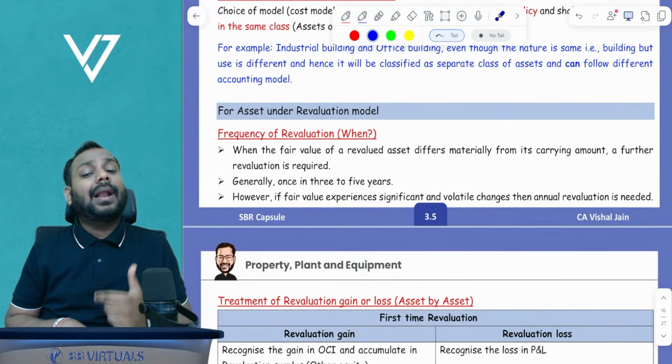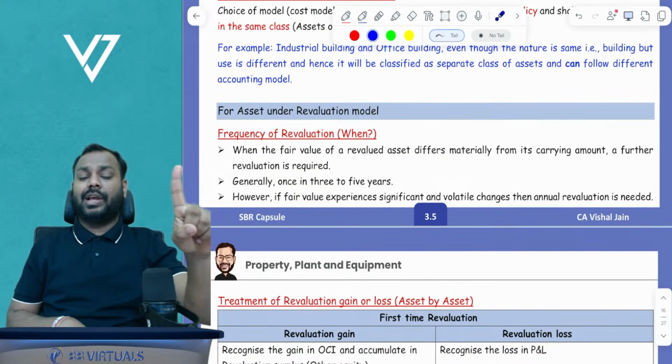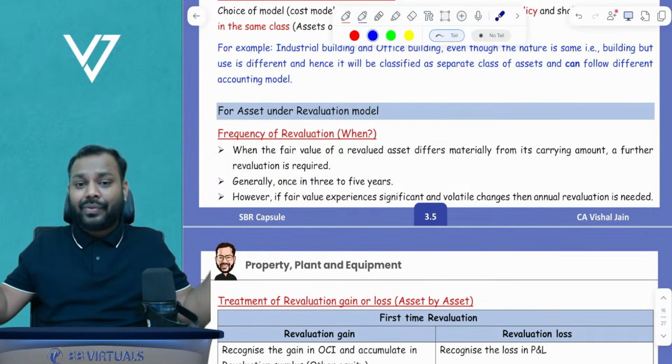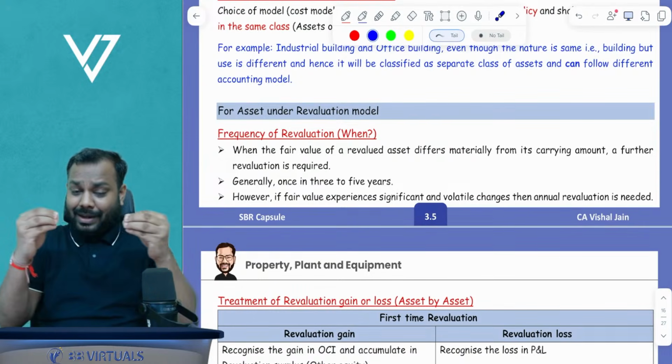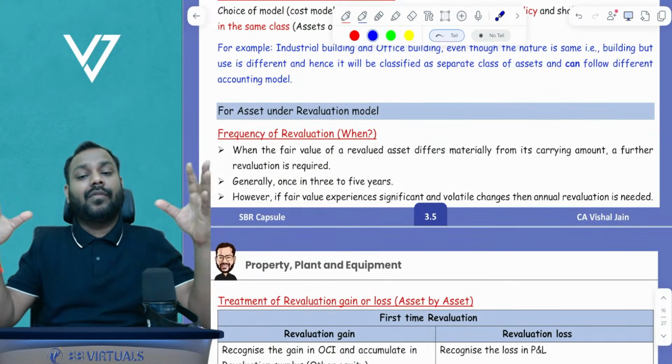Under property, plant and equipment, we have to do the revaluation only if there is a material difference. Then we have to do revaluation.